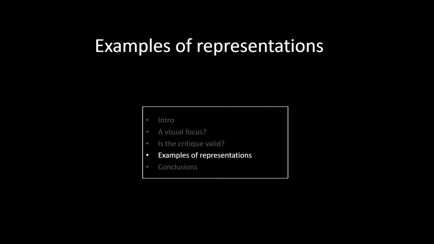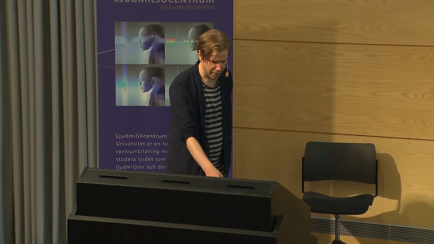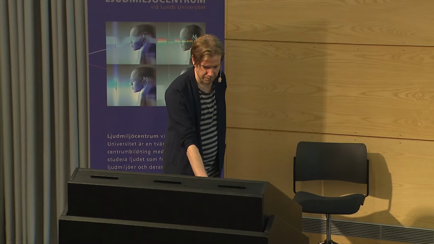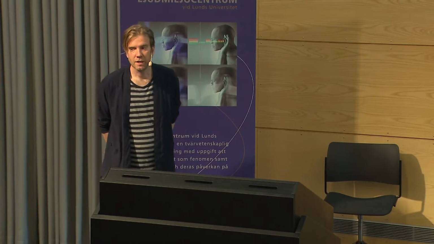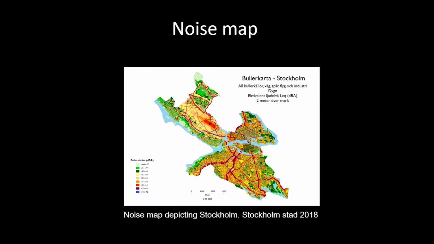So this is why it's so important to look into the representational methods. We have, as we have already come into contact with earlier today, the noise map, which is a very useful tool and a very well-established tool. But as we know, it is not all-inclusive.